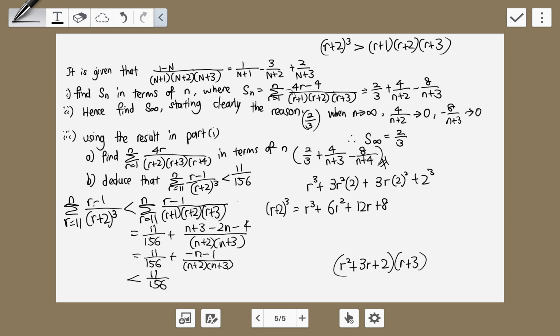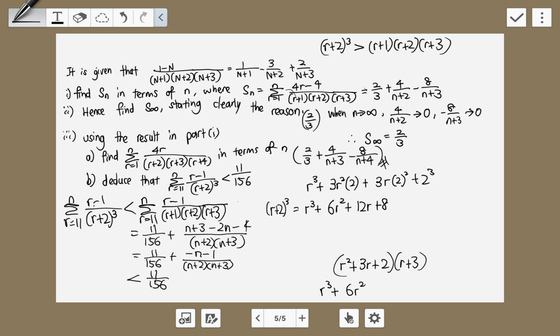Okay, so there's only one r cubed term over here. Plus how many r squared terms over here? Plus 3 plus 3, so 6r squared. And it seems that for the first two terms they are the same.